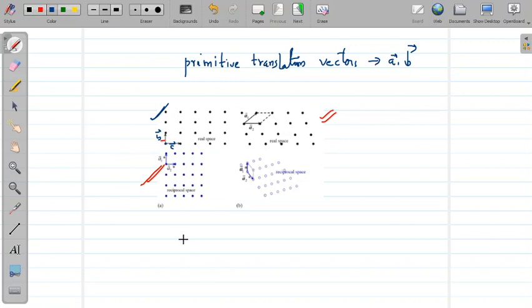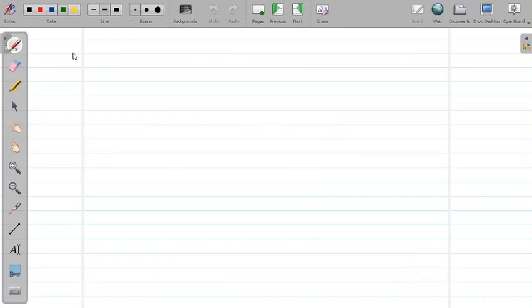Similarly, we can define the primitive translation vectors for the reciprocal lattice. They are defined as A star and B star. They have different values when compared to A bar and B bar. We can find that the primitive translation vectors of the real lattice, which are A bar and B bar, and of the reciprocal lattice, which are A star and B star, are related by some equation.